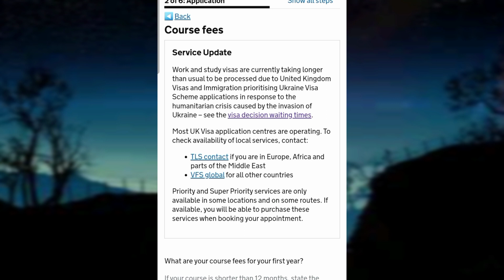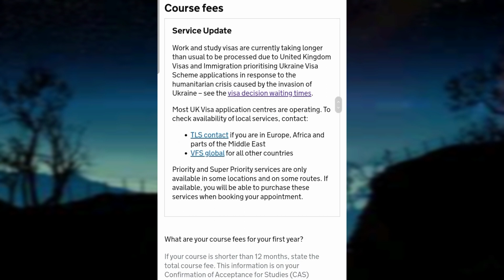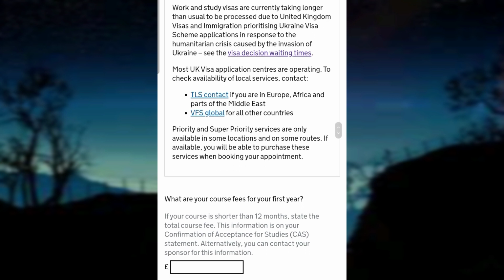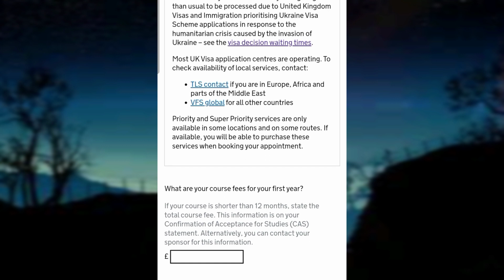So this question right here talks about the course fees. It goes down to ask you, what are your course fees for your first year? And it says if your course is shorter than 12 months, state the total course fee. Now, a lot of people get confused here because they're wondering, should I put just the first year or both years? Now, for people who have courses of 2 years, for example, if you're going to a school like T-Side where it's 2 years and each year costs maybe like 8,500, what they ask you here is your course fees for the first year.